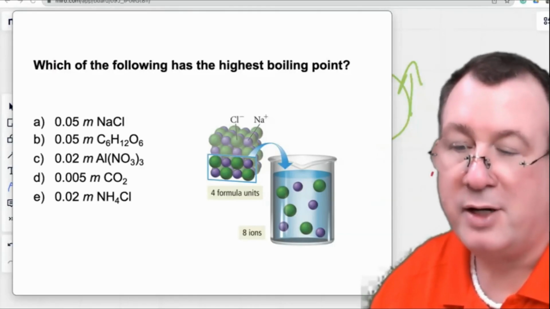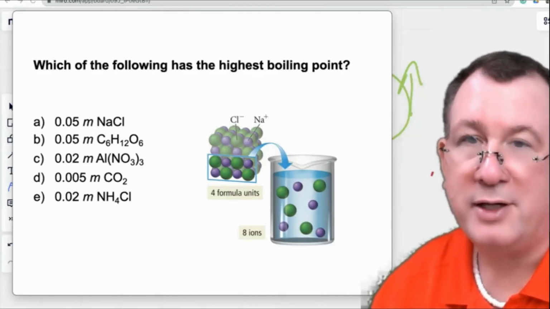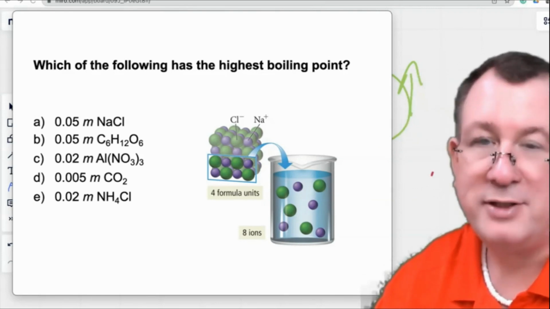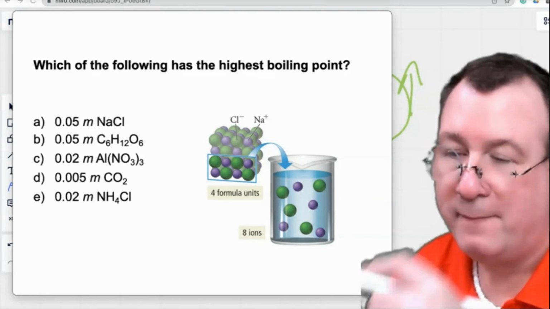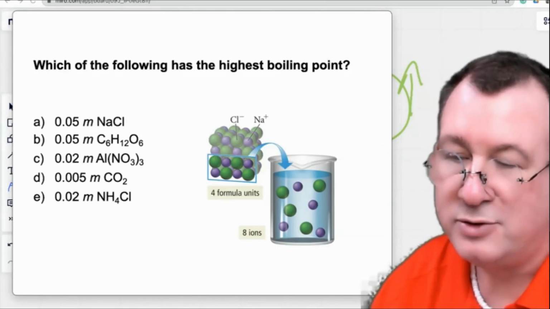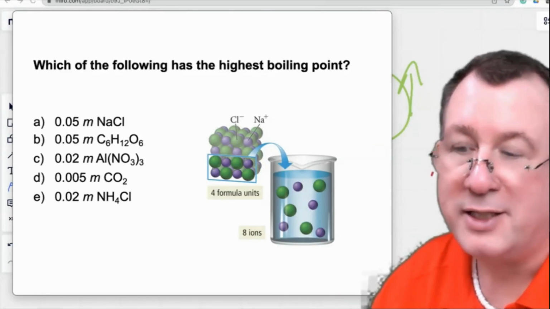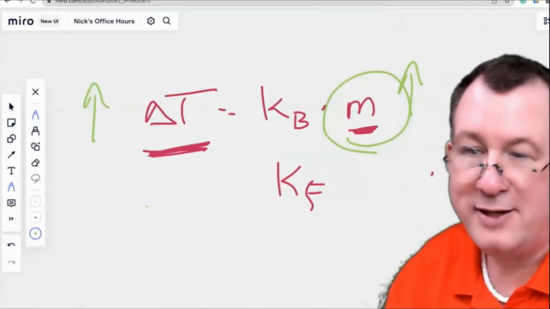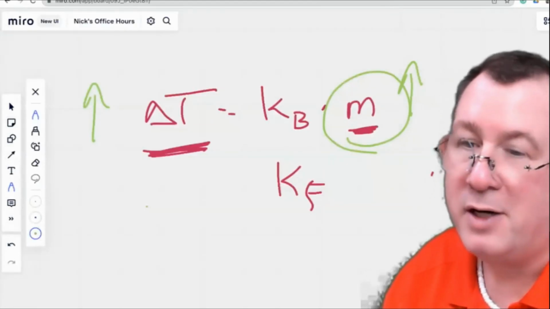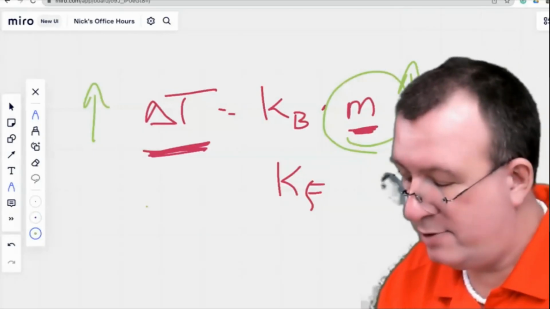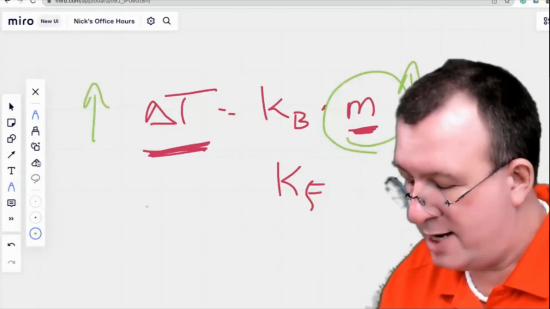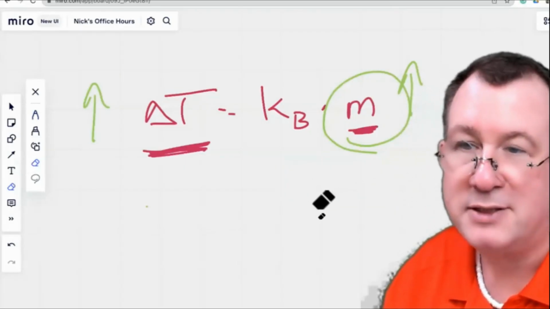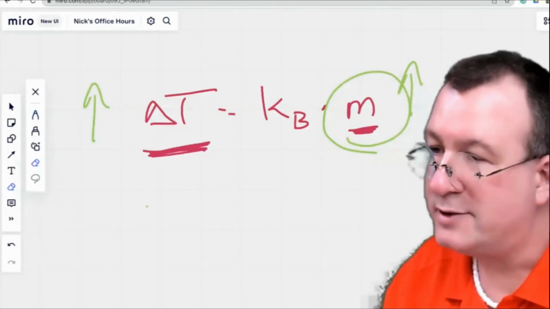So if I throw an aluminum nitrate formula unit in there, I get an aluminum ion, a nitrate, and a third nitrate. I get 4. So 0.02 molal in aluminum nitrate is 0.08 in particles. And in this equation, that M is the molality of particles, not the molality of substance.